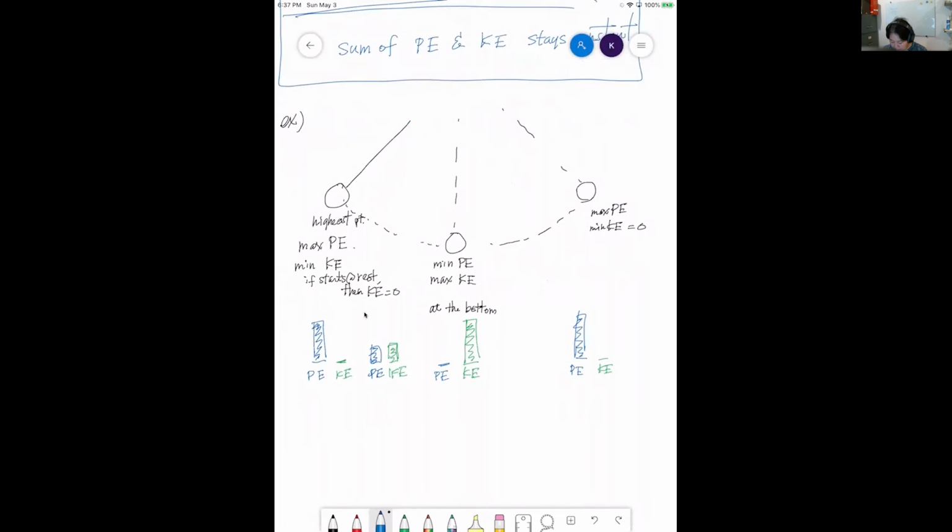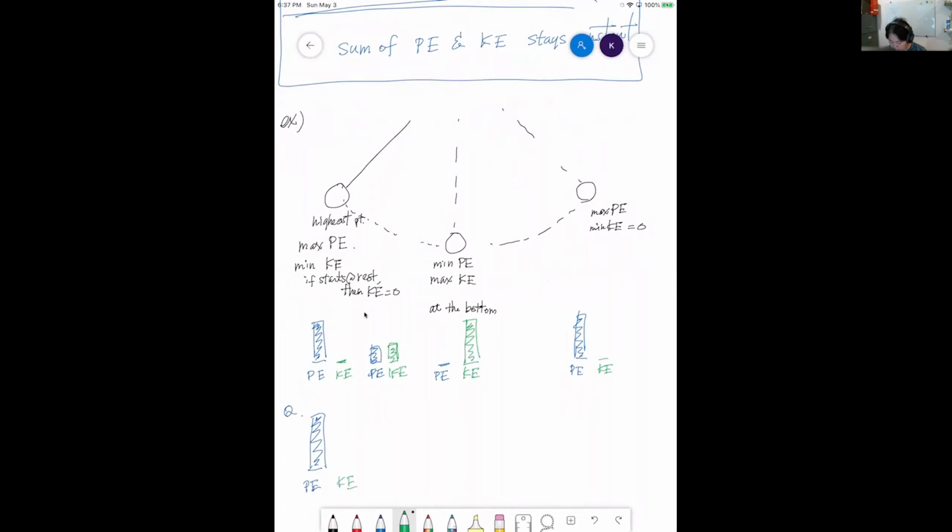Can I have a graph? This is a question. Can I have a graph that looks something like this? The potential energy. Is this a correct graph? Can this be a correct one? Kinetic energy.